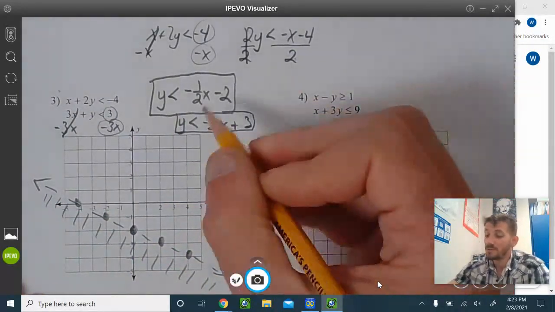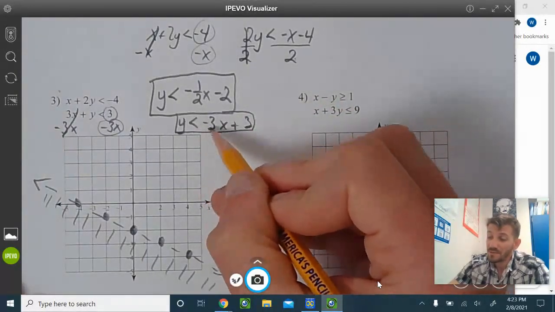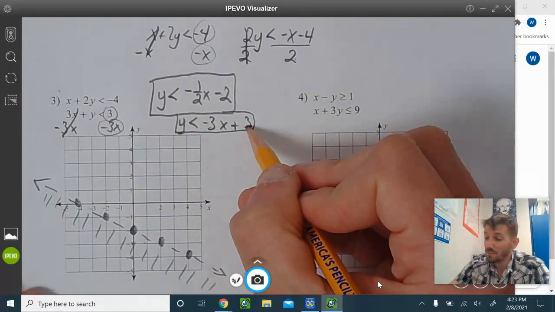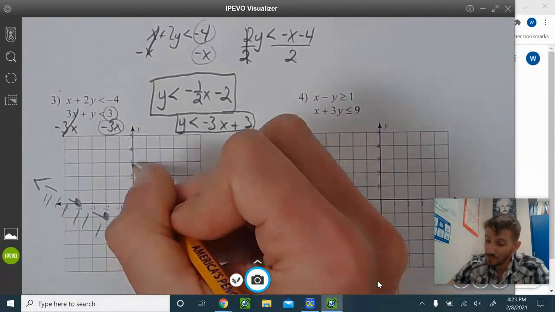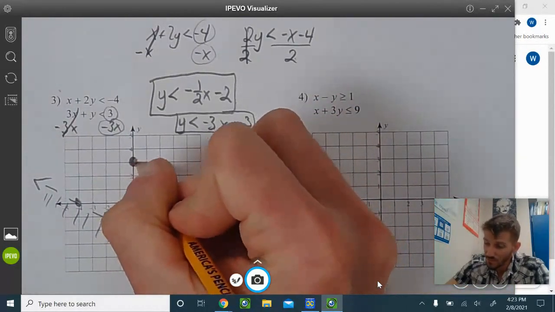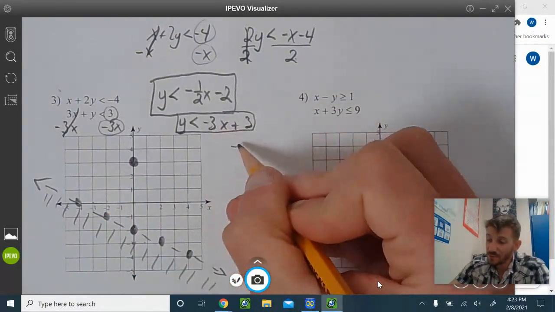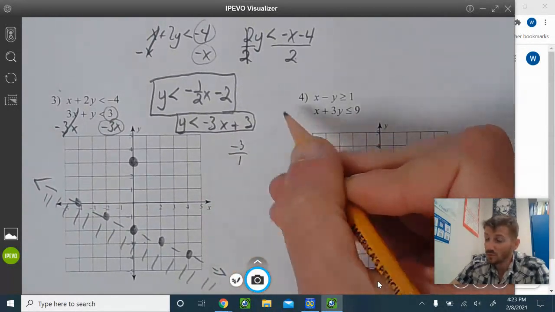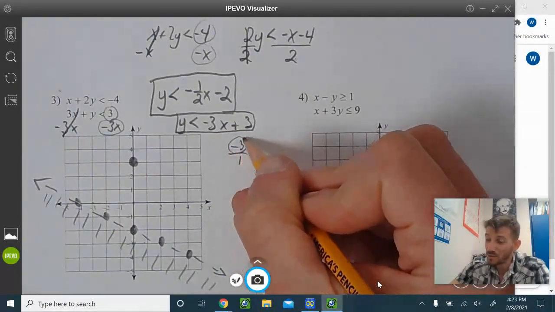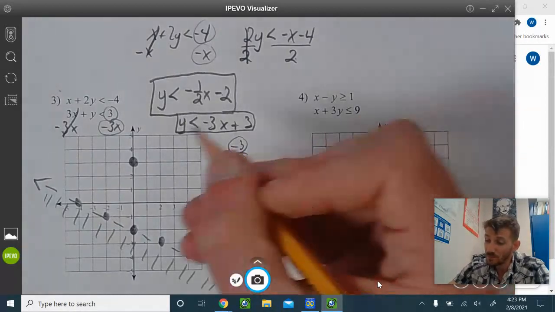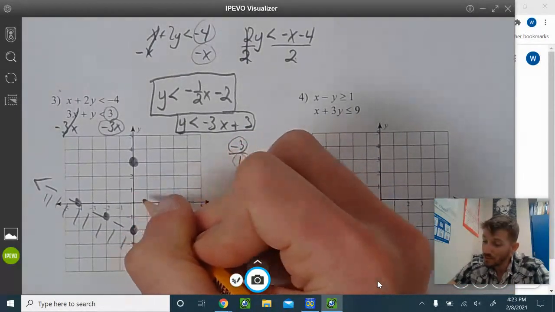Okay, next equation. Less than negative 3x plus 3. Well, the plus 3 is where we start, 3 on the y-axis. And now my slope's negative 3, like negative 3 over 1. So I'm going to be going down 3 to the right 1.